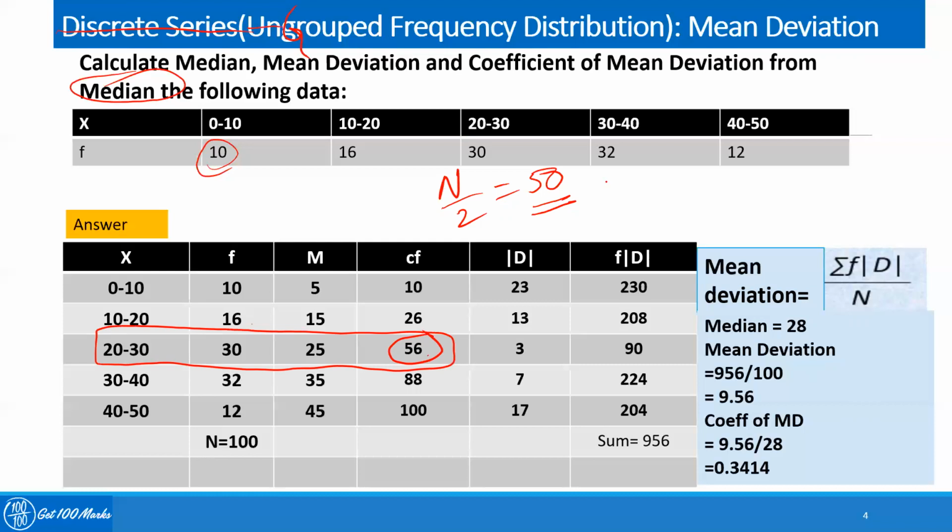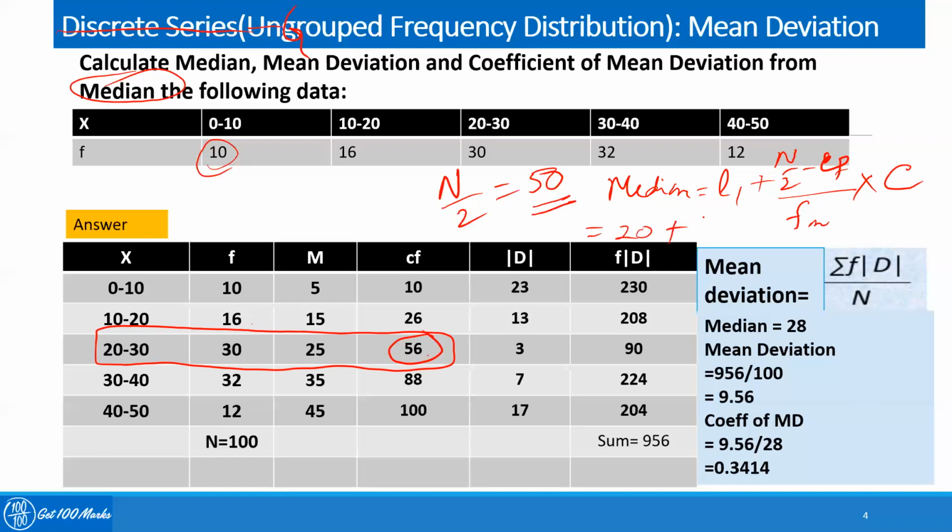Now I will apply the formula for median. Median is equal to L1 plus n by 2 minus CF divided by FM, into C. L1 is the lower boundary of the median class, which is 20.